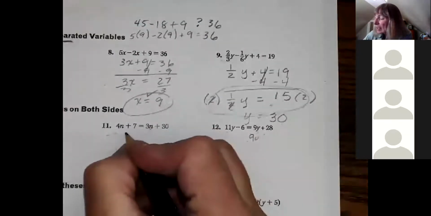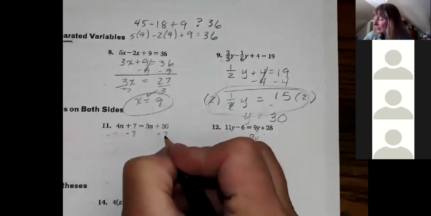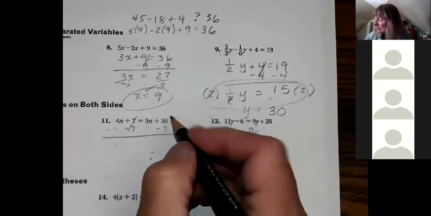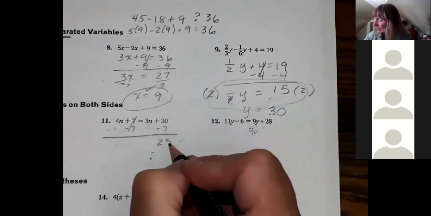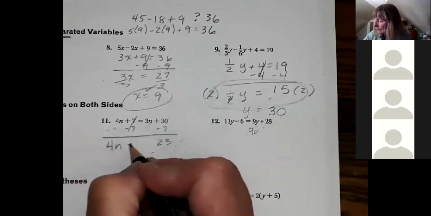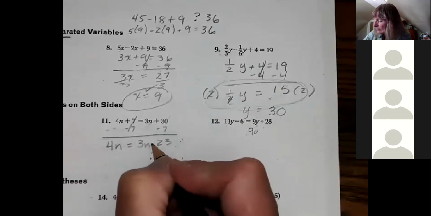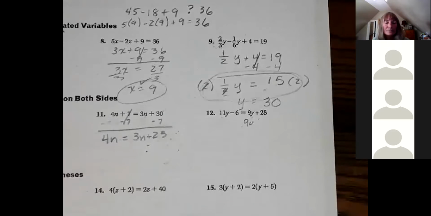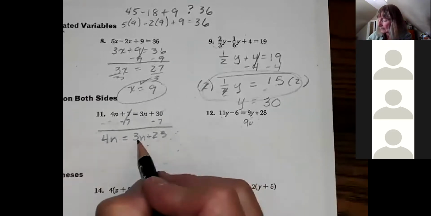Because this, it's not wrong, Oksana. This is just as good a way of doing it. Okay, I still get 23 here. 23, 4n plus 3n. Then subtract 3.